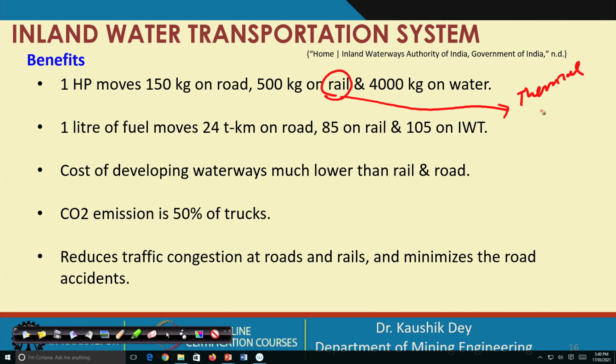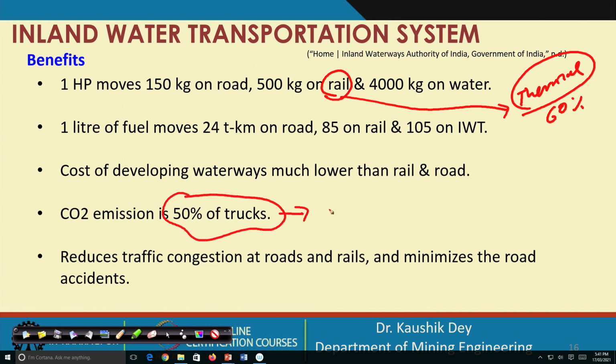Most of the Indian power source, more than 60%, is from thermal power plants. So, these two generate more carbon dioxide, but in the inland waterway transportation system only 50% CO2 comes, though these are mostly diesel operated; diesel oil is used as the motive power for running the engines.